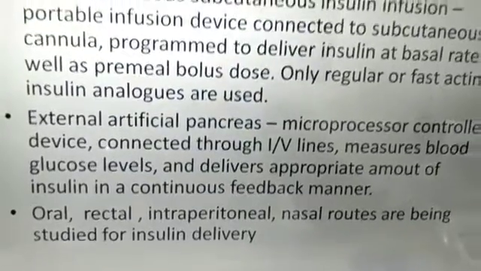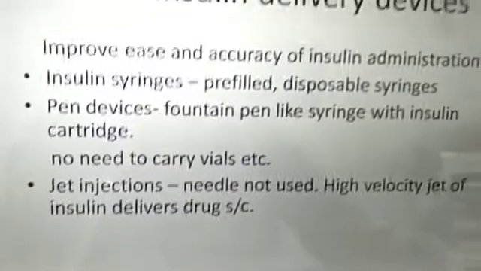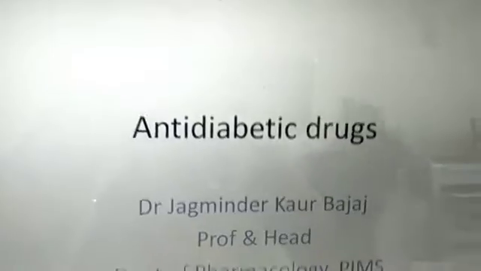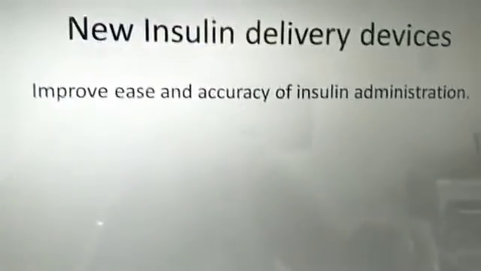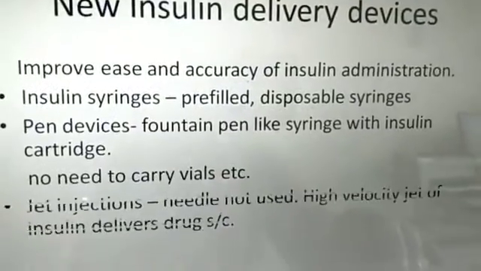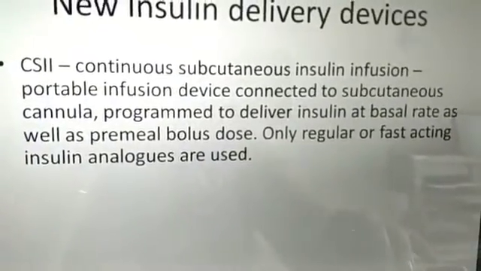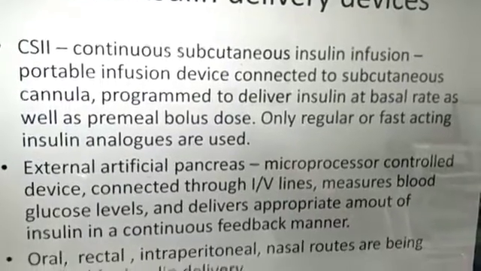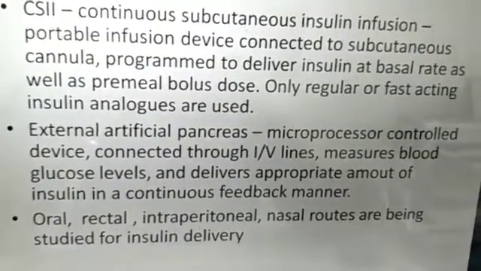So again, this is an important short note. So, new insulin delivery devices you can get as such, or there can be a short note on CSII, or external artificial pancreas.